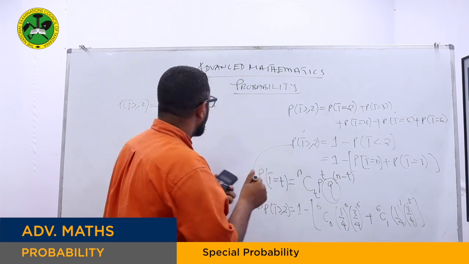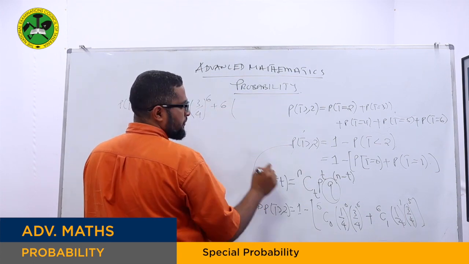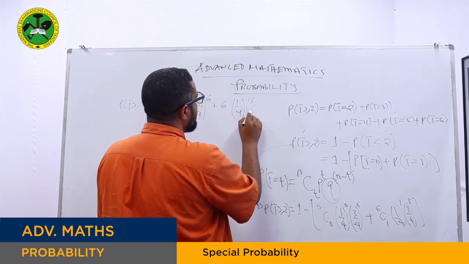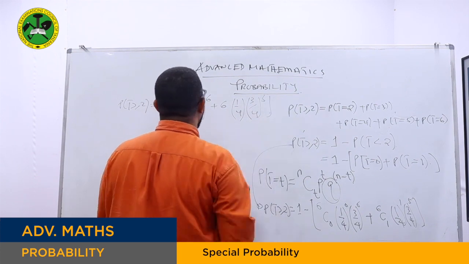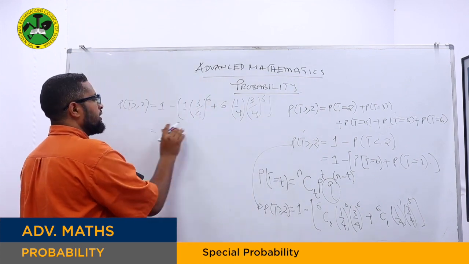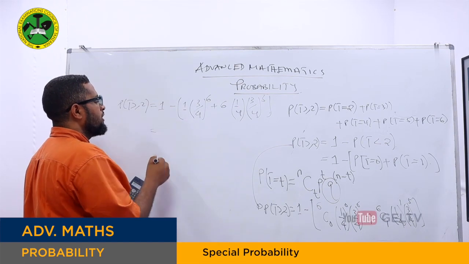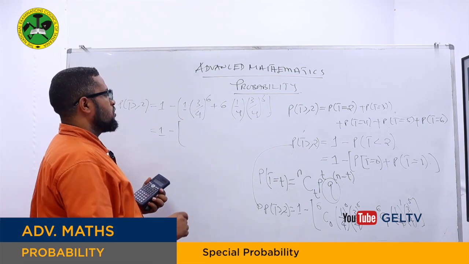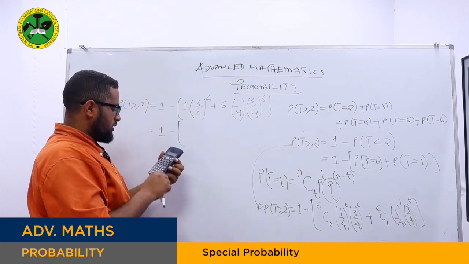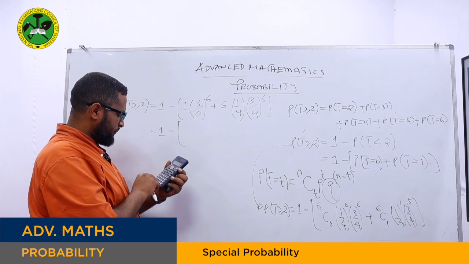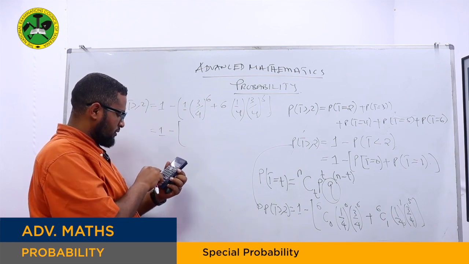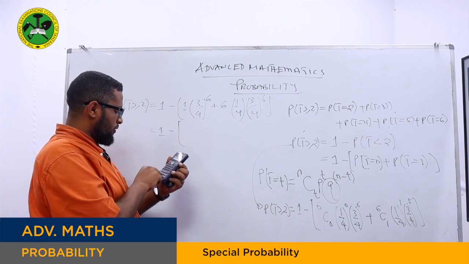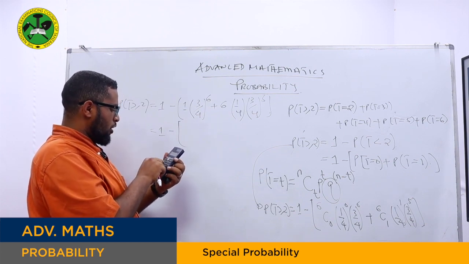You get 6. So it is 6, 1 over 4, times 3 over 4 raised to 5. Let's simplify the inner bracket, then we subtract from 1. Let's go together, take your calculator. We are taking 3 over 4, then put it to the power 6.